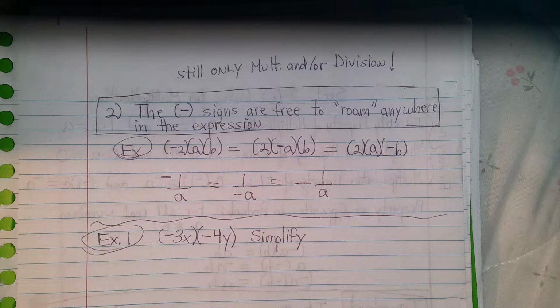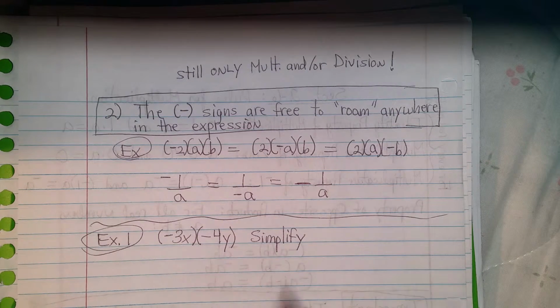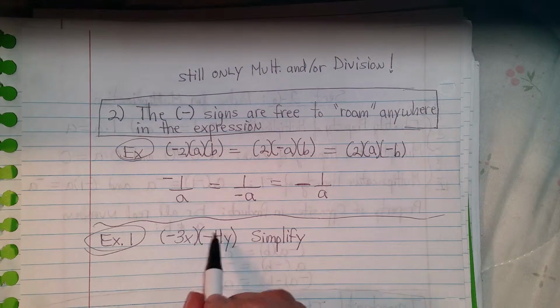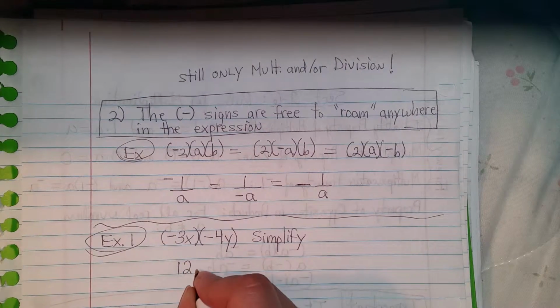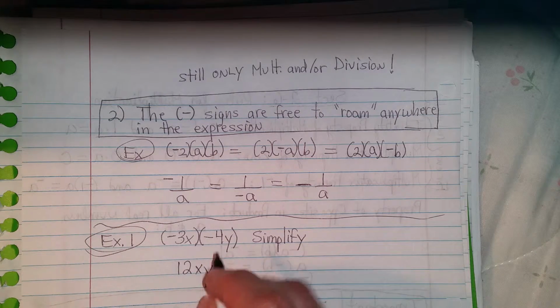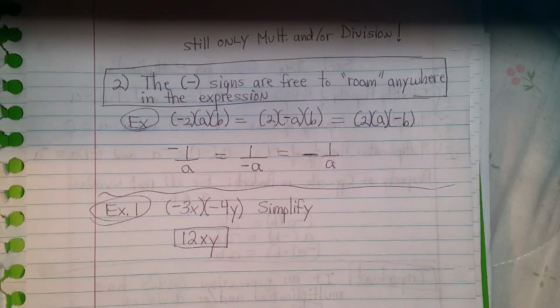So this expression has only multiplication in it, so you could either just know that a negative times a negative is a positive, or you could consider this to be 2 negatives, which is even, and you're going to end up with a positive answer. So there's no negatives in my answer. Multiply the number parts together, 3 times 4 is 12, and then stick the variables on, normally in alphabetical order, at the end. All the parentheses are dropped right now, so you get 12xy.